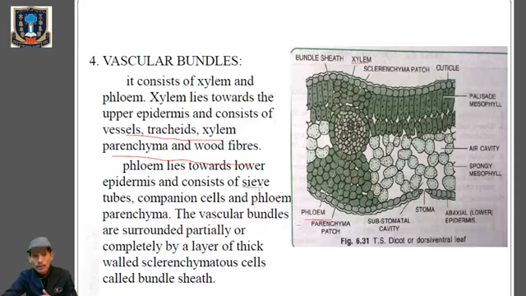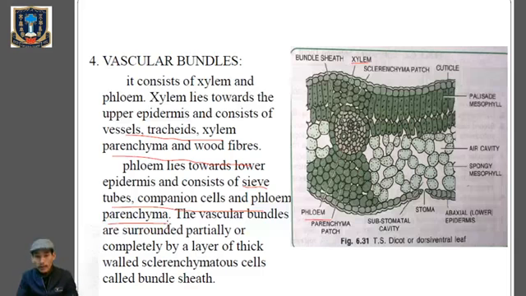It is composed of sieve tubes, companion cells and phloem parenchyma.